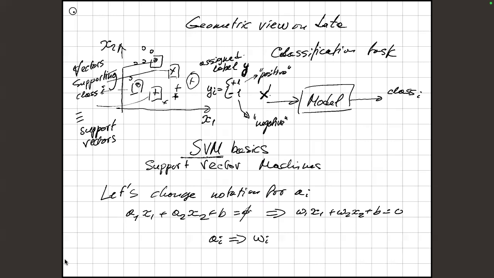And this W you see everywhere, continuing towards artificial neural networks, basically. And then in vector form, it will be a vector W and a vector X.